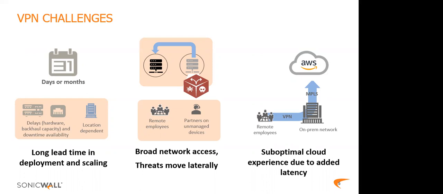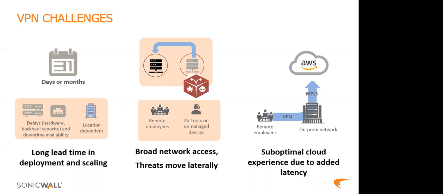The second one is that if you connect via the VPN for remote employees or partners on unmanaged devices, that means they have full access to your infrastructure or subnets. So this becomes insecure. It's like opening the door to a cyber breach, because malware can move laterally and easily from one server to another server within your subnet.